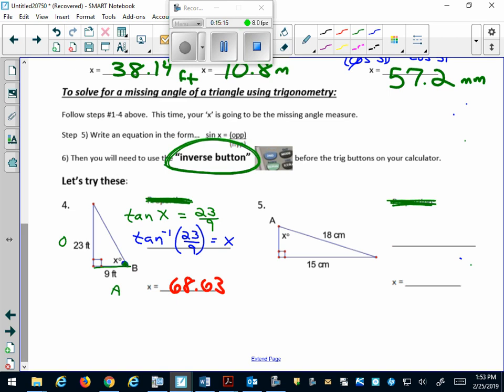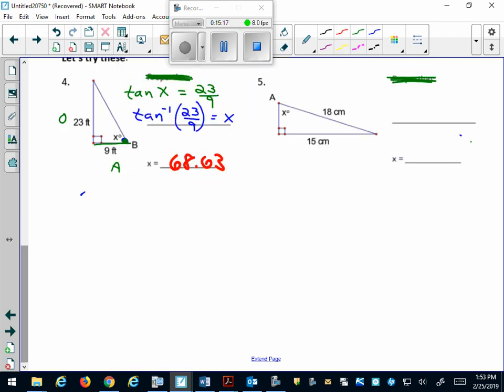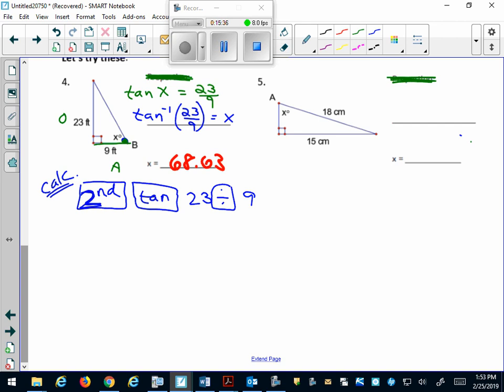So the buttons to push on your calculator: second, then tan, and then 23 divided by 9. Those are the buttons that we pushed on our calculator.